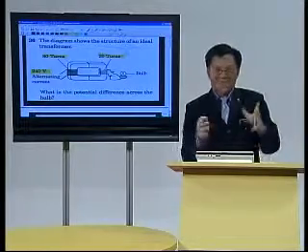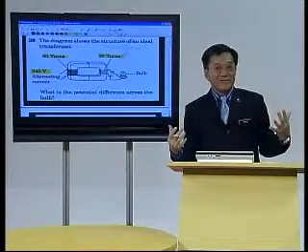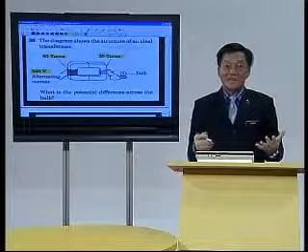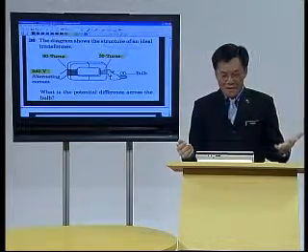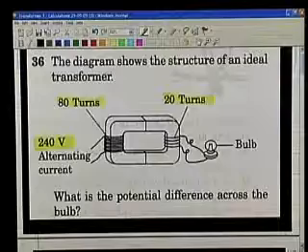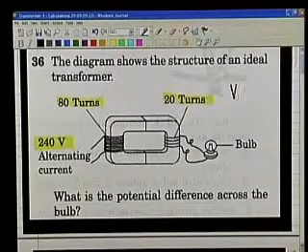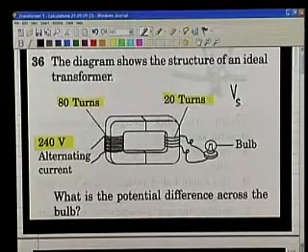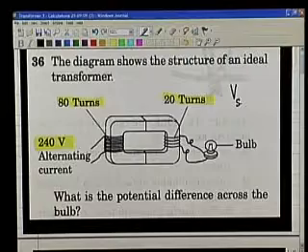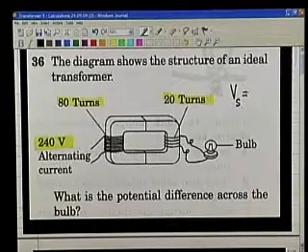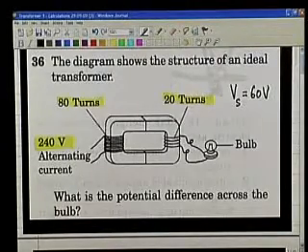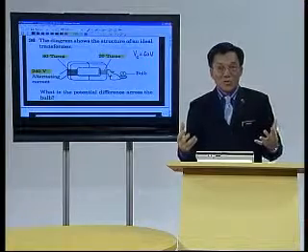This diagram is not as clear as the diagram that I have just given to you. So, the answer is 60 volts. Alright. So, the potential difference across the bulb, which is the potential difference in the secondary coil, is 60 volts as I have just calculated and shown to you.